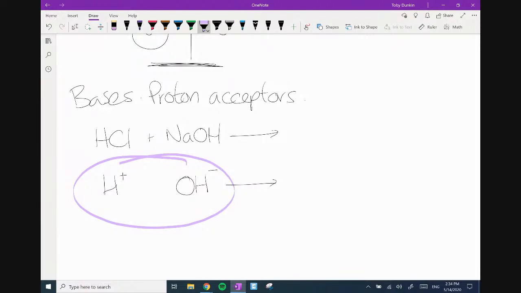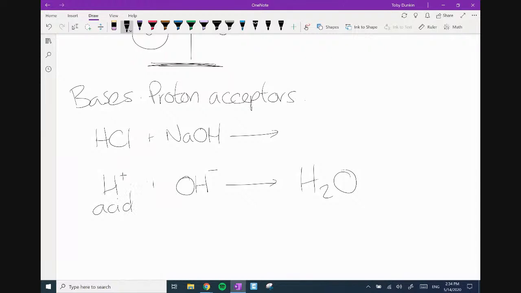You can see it in the chemistry. Well done, Ashley, Rue and Kieran. We're going to form water, and that's what neutralization does. The acid H+ reacts with the base OH minus and becomes neutral water.